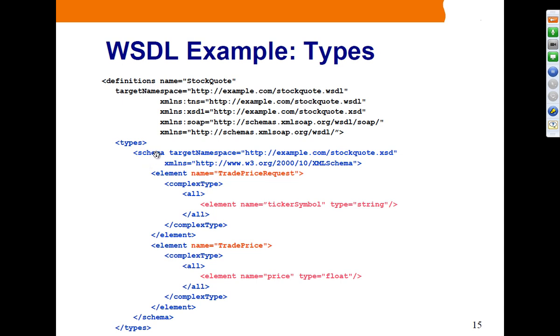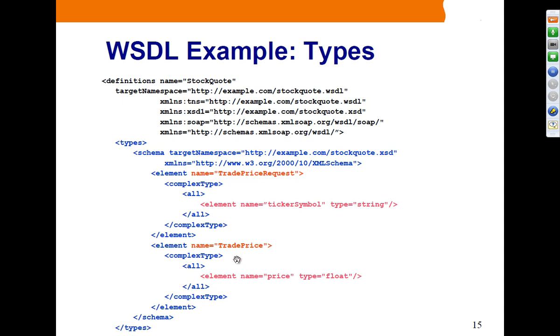So this is the schema definition, and we have two elements defined, using anonymous complex types. This element is called TradePriceRequest, and it is of an anonymous complex type, which includes a single element called tickerSymbol, whose type is string.